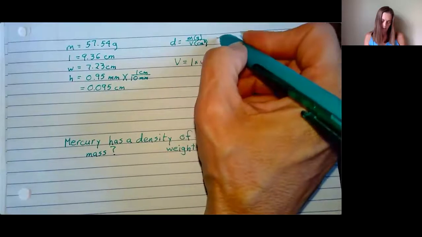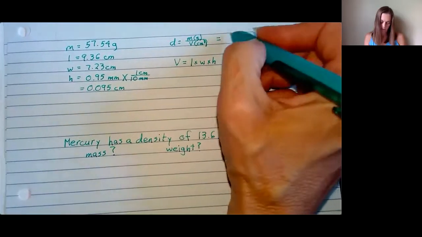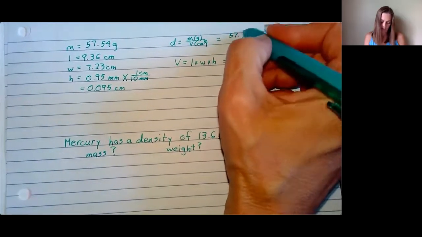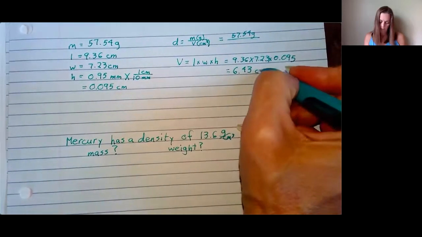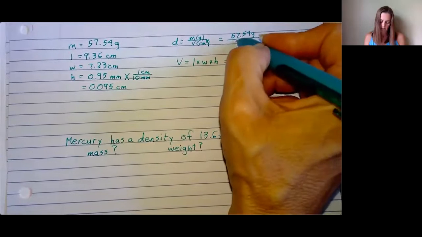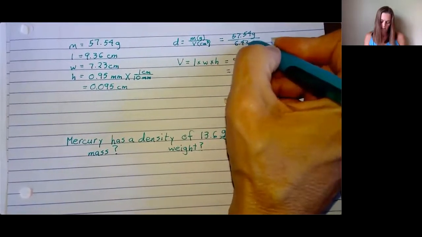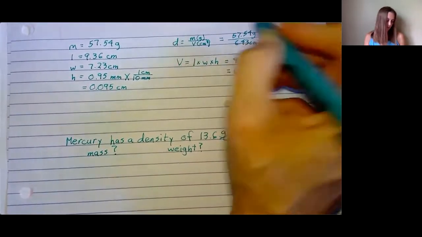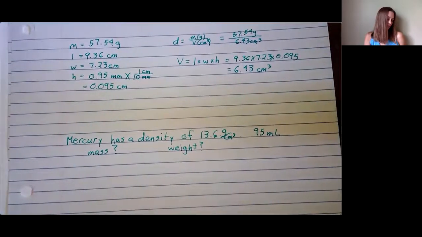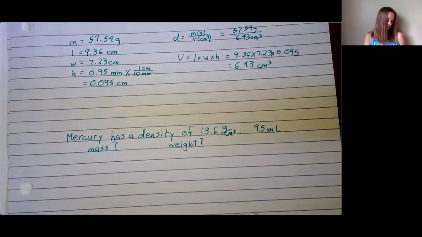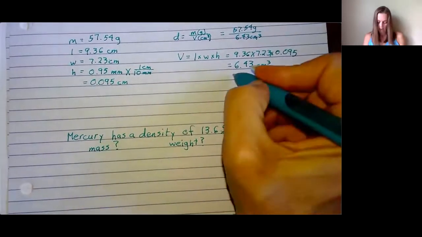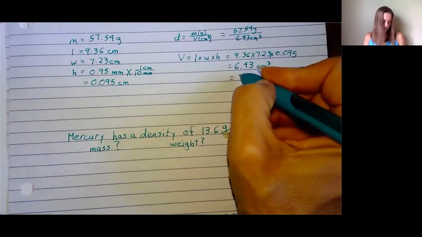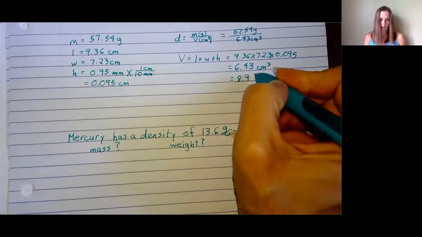And now I'm going to put the mass, which was 57.54 grams, over the volume, which is 6.43 cubic centimeters. And we get a density of 8.9.